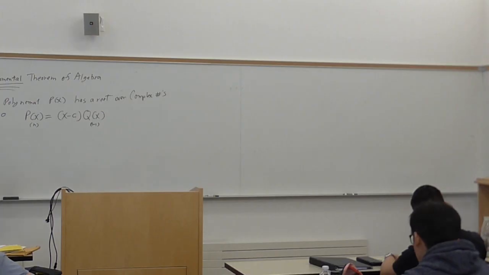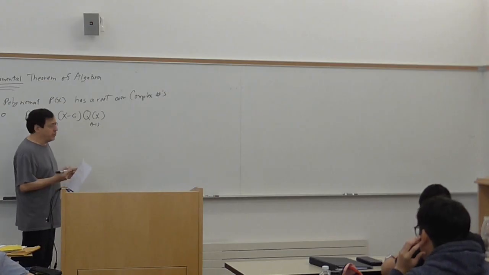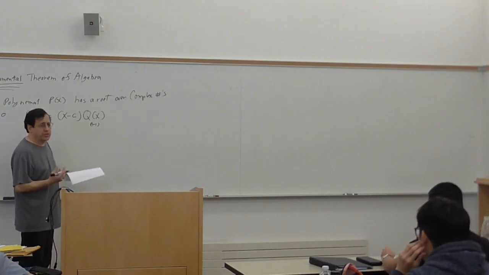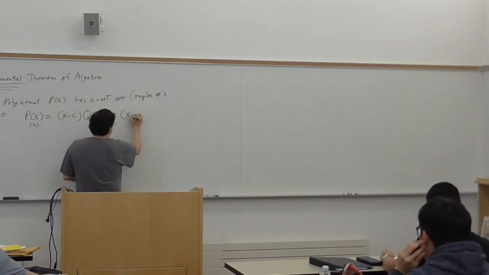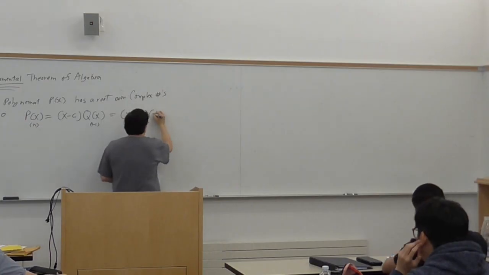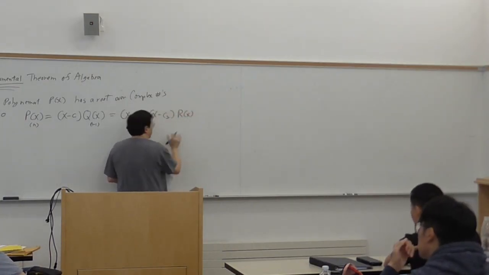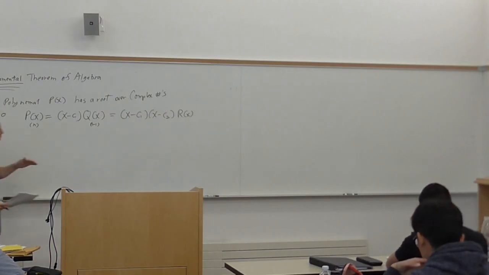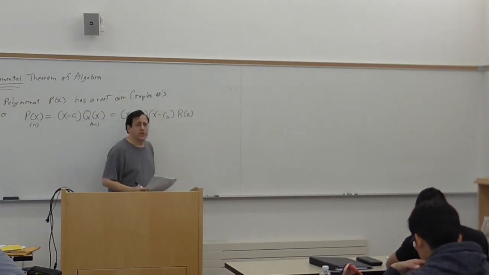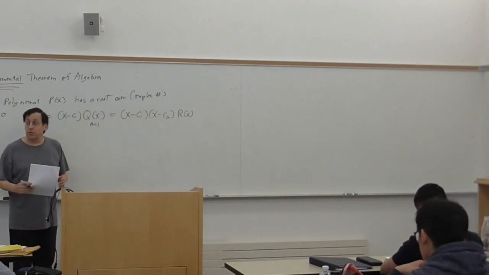Well, the fundamental theorem of algebra applies just as well to Q of x. Q of x has to have a root. Let's call that c2. So now we know that p of x is x minus c1 times x minus c2 times, I guess we'll call it R of x. Again, degree less. And we can keep doing this until we have what? We have n roots.